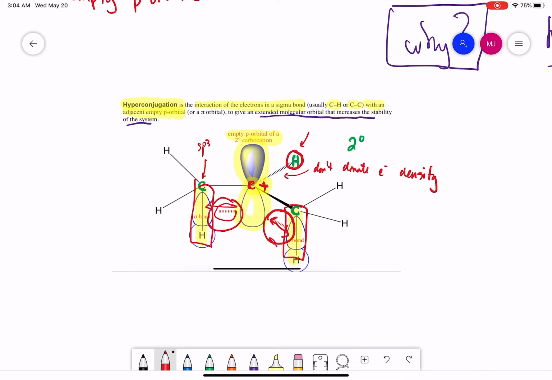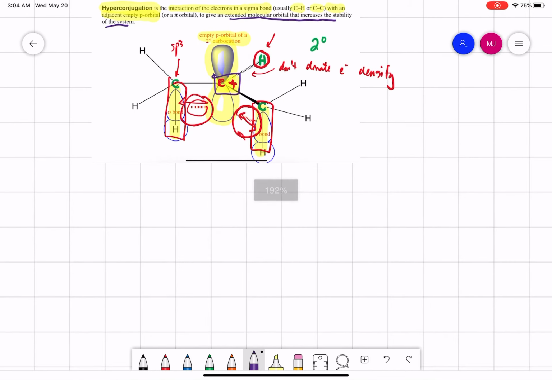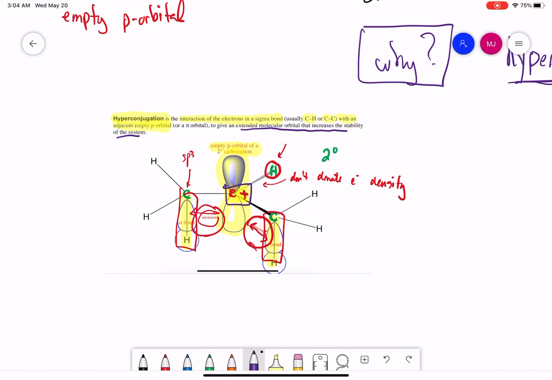And the analogy I like to use is, pretend you are a carbocation and you have 3 roommates. You've got a carbon roommate, another carbon roommate, and a hydrogen roommate. And let's say something bad happens to you.